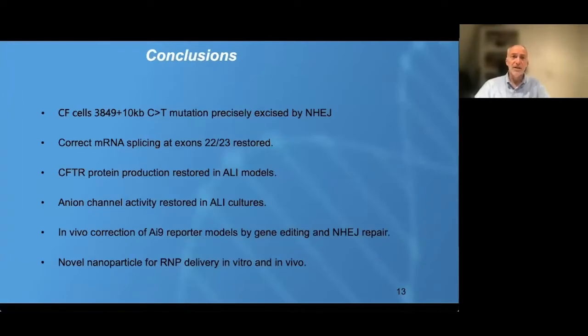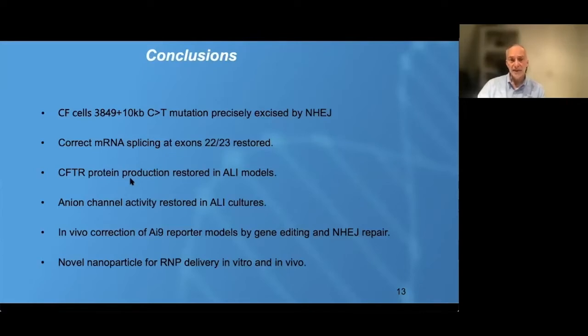So in conclusion, I've told you a method of using CRISPR and the non-homologous end joining repair pathway to repair a cryptic splice site mutation. By our strategy of targeted excision of the cryptic splice site, we restored mRNA splicing.